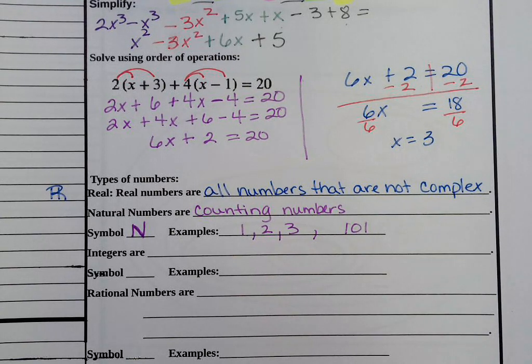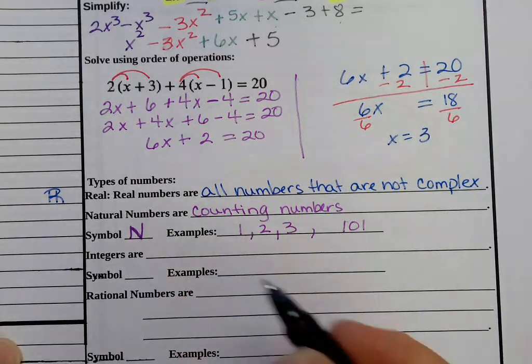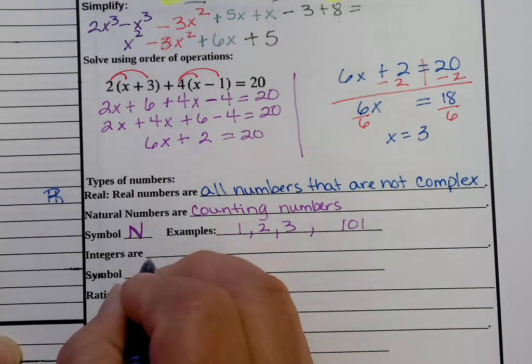The next set we're going to talk about are our integers. The integers are the set of positive and negative counting numbers and 0, or positive and negative natural numbers and 0.